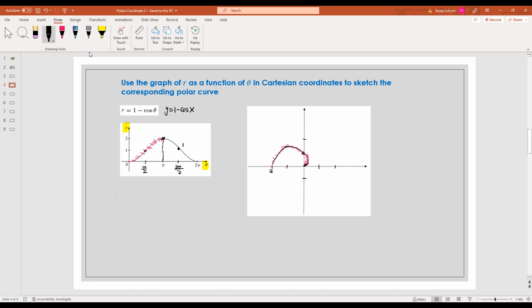So I can do the same thing here. This one is going down, going to go like this. When I reach 3 pi over 2, then here it goes to zero. So that's why this one is here.